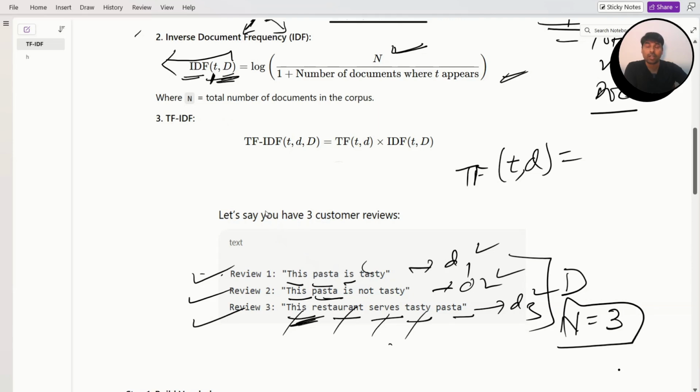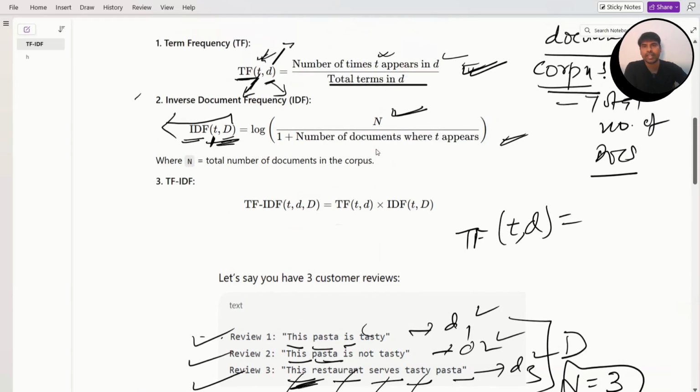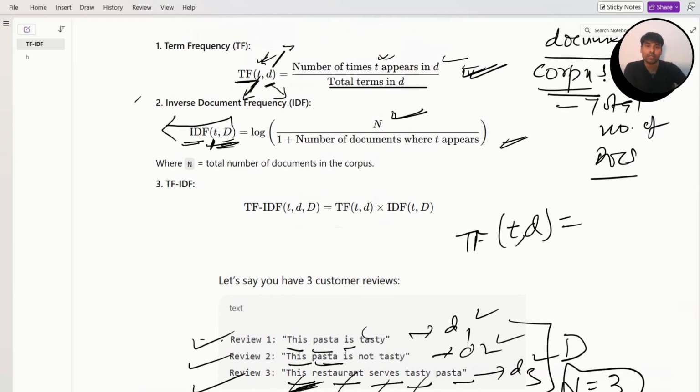I mean, in how many documents it is appearing. That is called the number. Then we add one to it. Why we add one, I will explain.